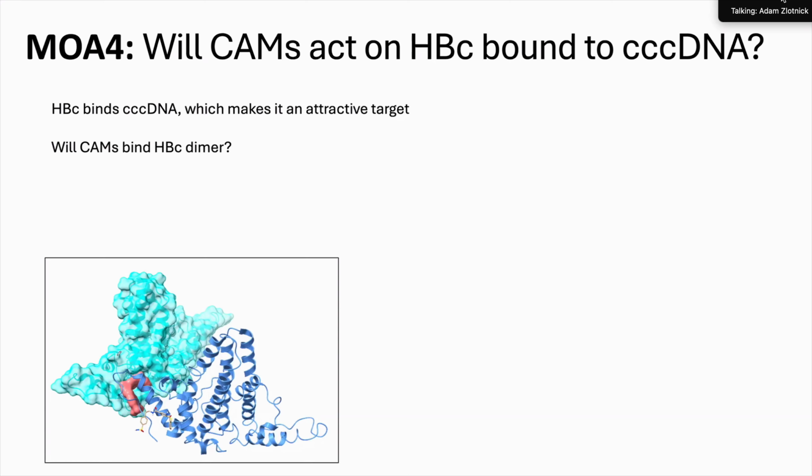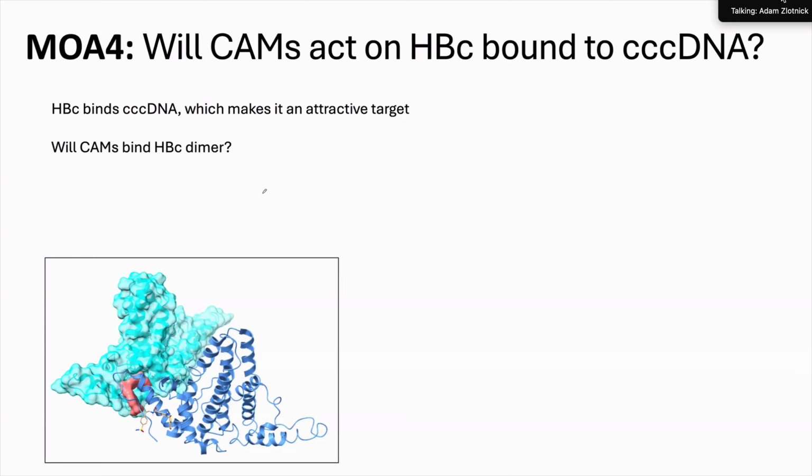While it's easy to pick out a starting point for the observation of the first three mechanisms, as soon as CAMs started appearing, there seemed to be some evidence for these other activities. Now, earlier, I showed you that CAMs act by binding at a dimer-dimer interface.